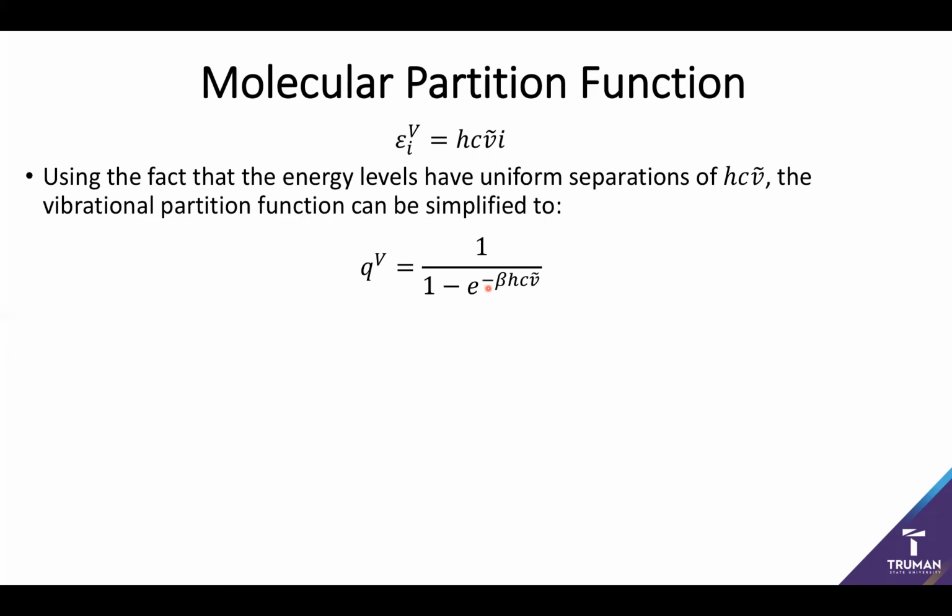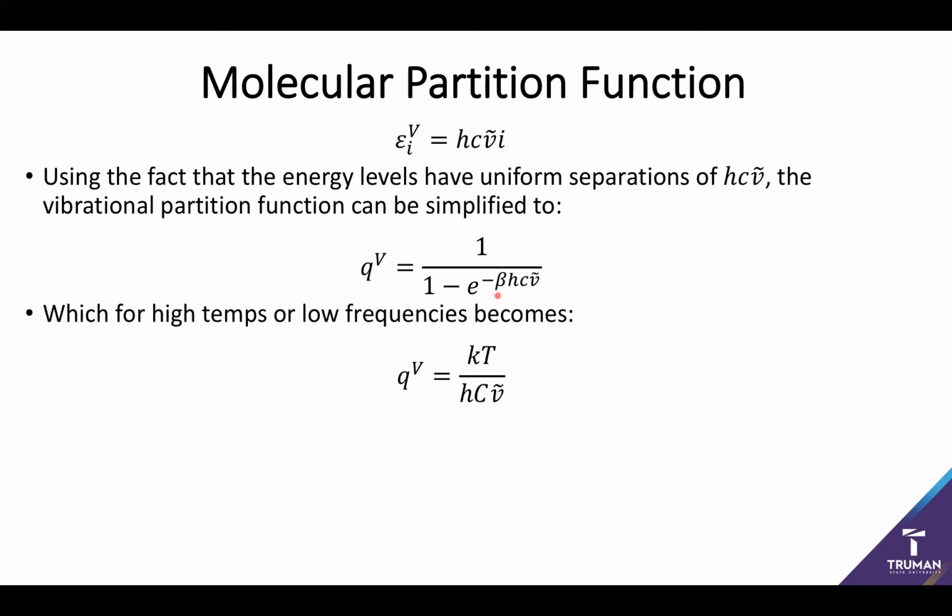One of the other useful parts of this is that if I've got very low frequencies or high temperatures, thus low beta values, the system breaks down a little bit more, and the partition function can simplify to kT over h times Planck's constant times the speed of light times my characteristic vibrational frequency.